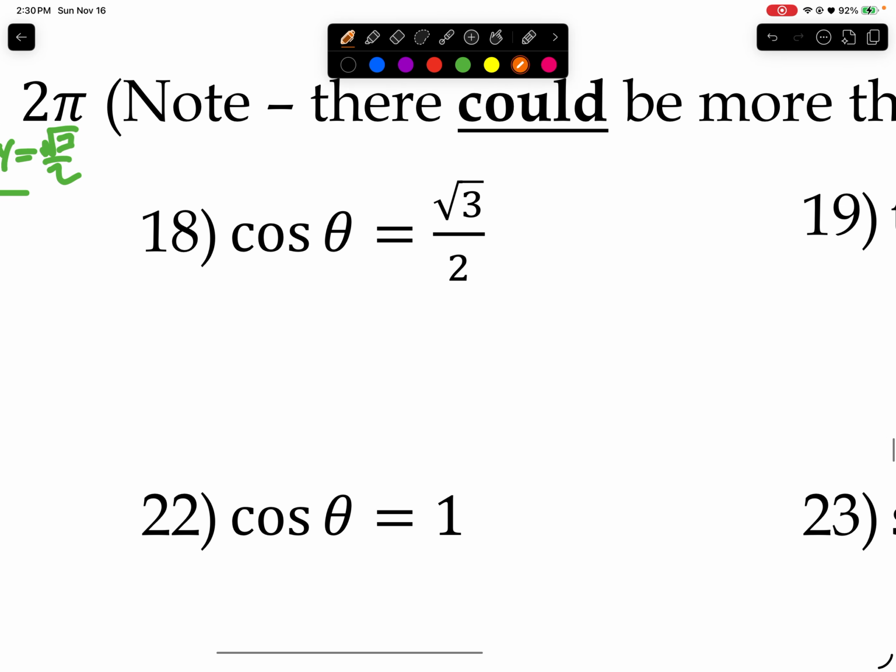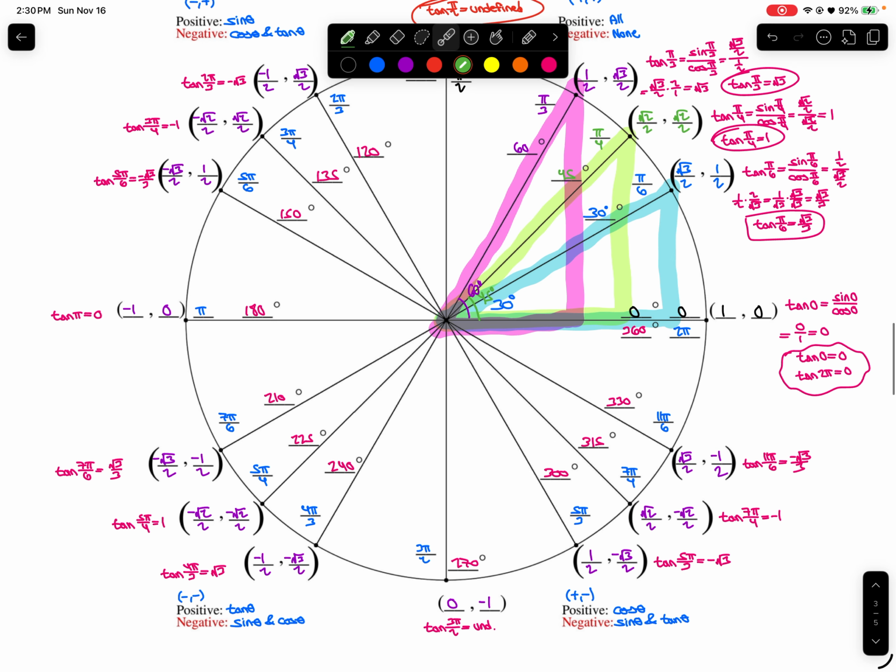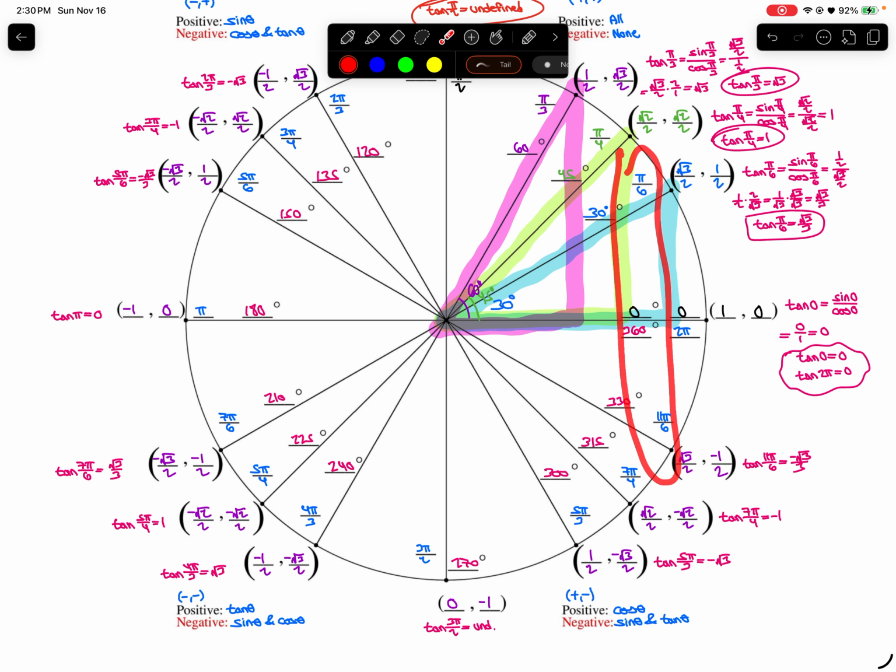Now, same idea for cosine theta. So let me draw my picture first for this one. So cosine of positive root 3 over 2, so that's going to happen in quadrants 1 and 4. So I want to know what these two angle values are going to be. So when my x value is root 3 over 2, so that's going to be here and here. So we're looking at pi over 6 and 11 pi over 6.